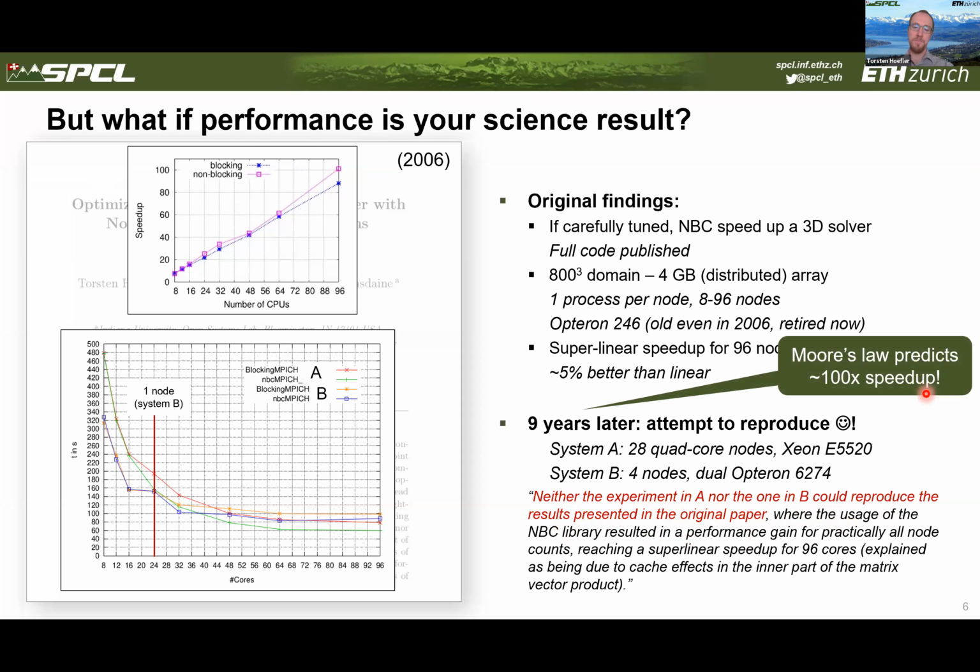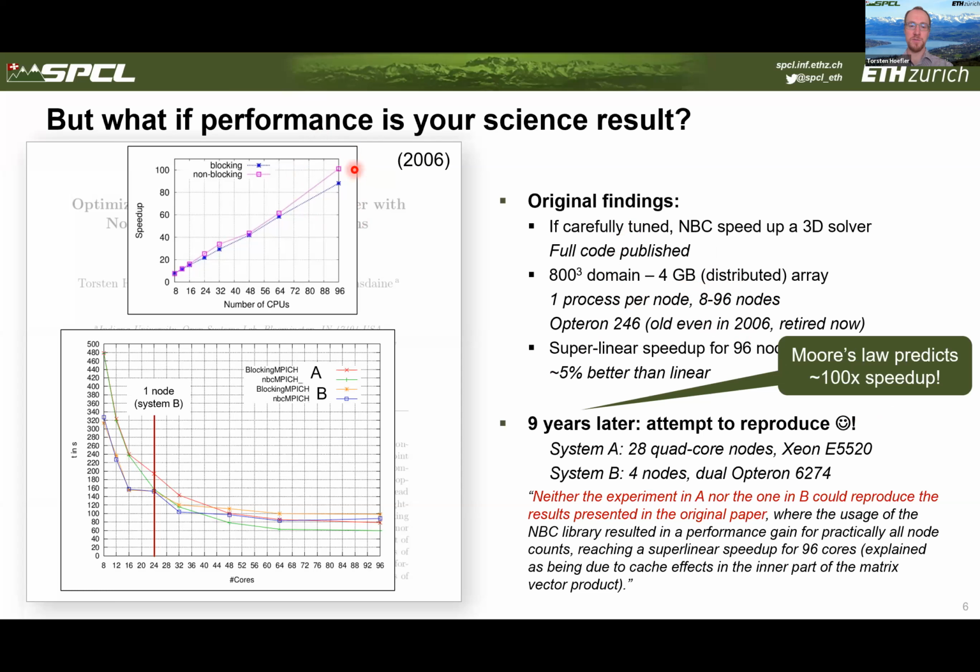One of the differences is, of course, the machine. If you use a machine that is 10 years later, where Moore's law had somehow a 100x speedup in between, right? Every 18 months, the performance doubles, especially in parallel computing. You may not be able to get the exact same results. In fact, it turns out that they could not reproduce the superlinear speedup that we see here, because that 4 GB array was just always fitting into the cache.